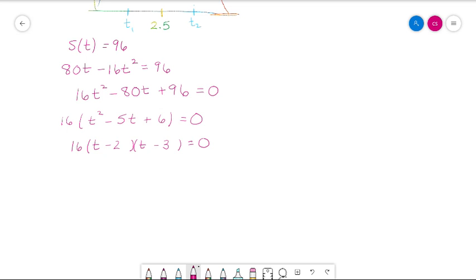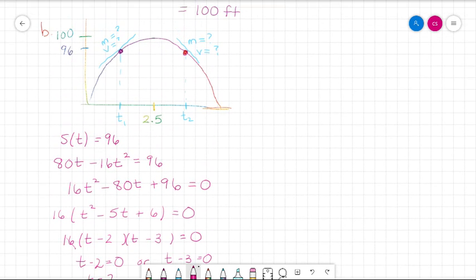Okay, so we factored it. Now it's time for zero factor property. This product equals 0. It means one of the factors has to be 0. 16 is not 0, so we don't have to worry about that. So this whole thing can be 0 if t minus 2 is 0, or t minus 3 is 0. Okay, so this happens at time equals 2 seconds and time equals 3 seconds. So that's our t1 and t2.